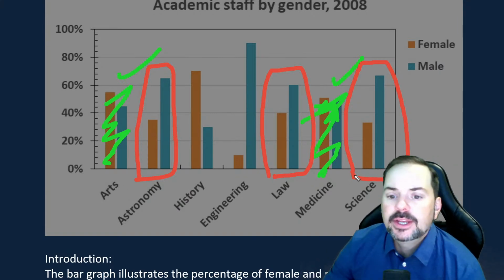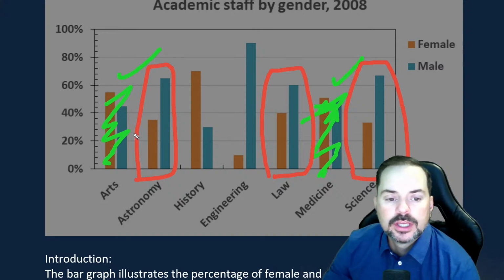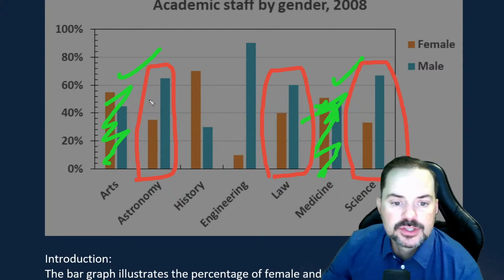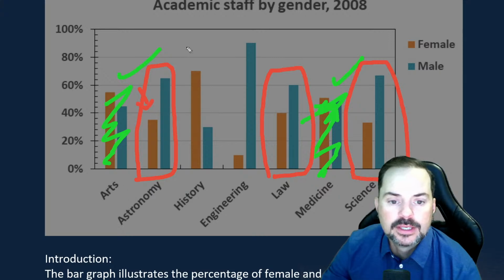Now, here, do I want to look at each one of these specifically and start writing about the different percentages? So this would be my third point.